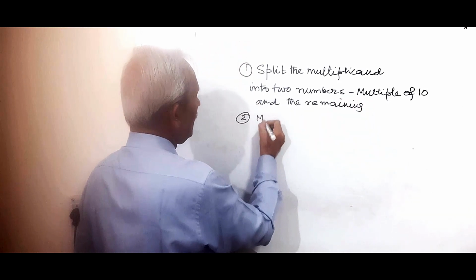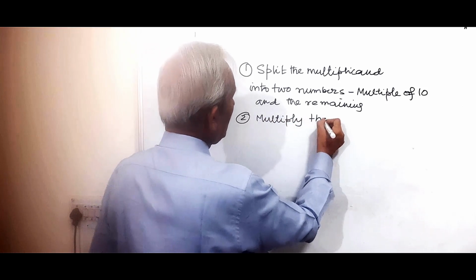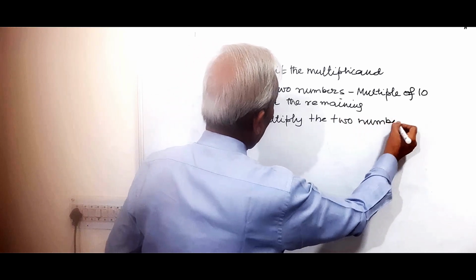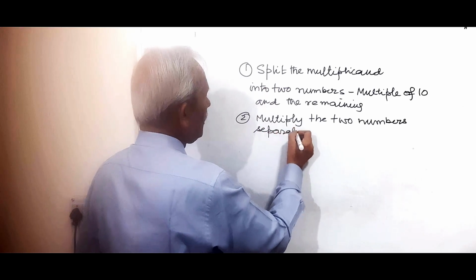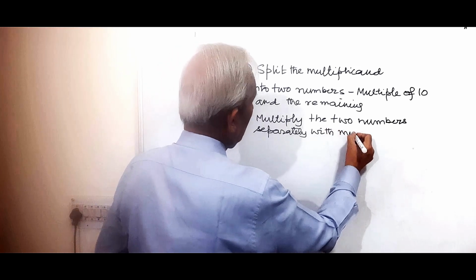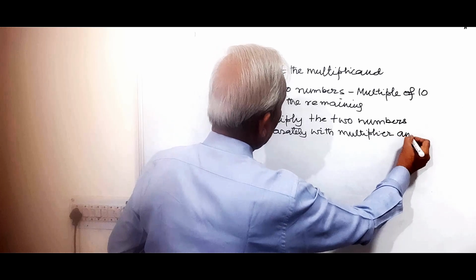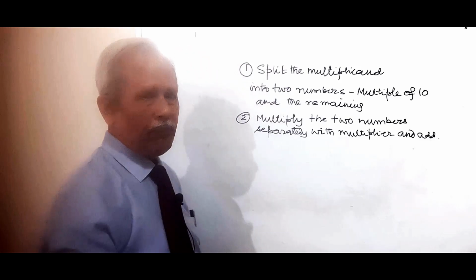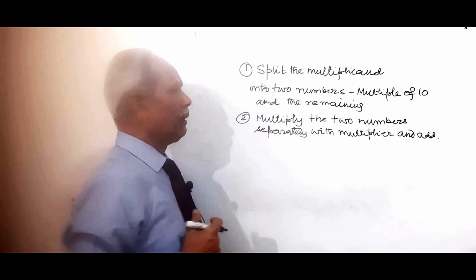Multiply the two numbers separately with multiplier and add. In fact, this can be done very well mentally without even writing. But for the sake of understanding, I'm writing this thing.